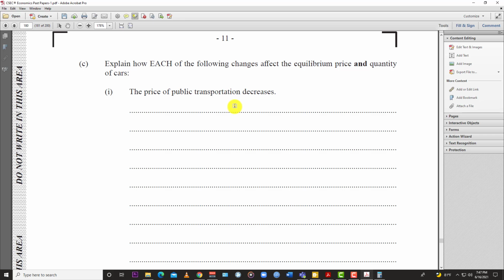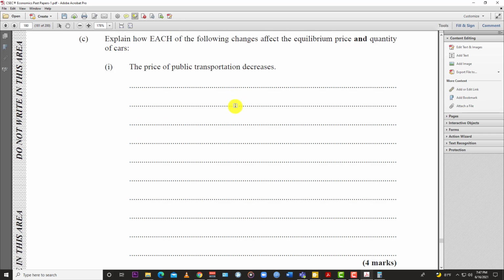If the price of public transportation decreases, then the demand for it should go up, and the demand for cars should come down, and the quantity for cars should also come down, because the demand for cars has gone down. The equilibrium price should fall. That's how we explain that one.